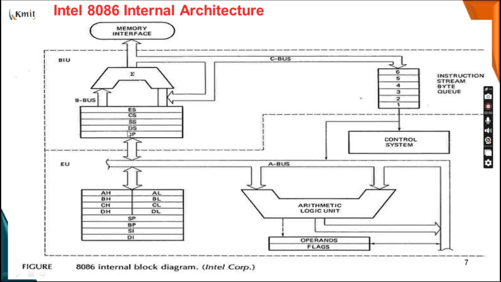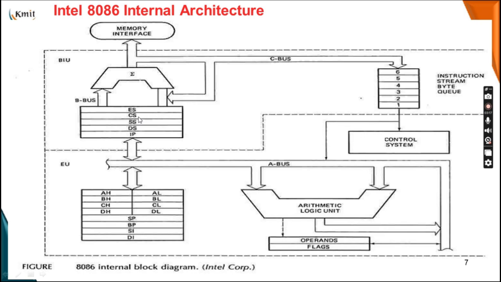They only store the address of the segments present in the memory. The ES register stores the starting address of the extra segment in the memory.